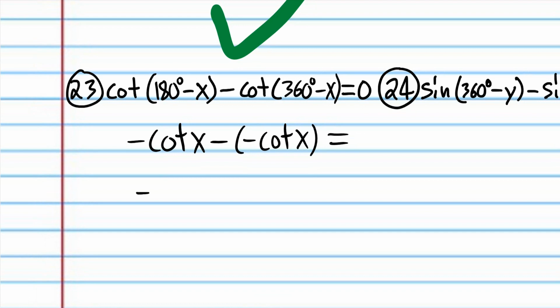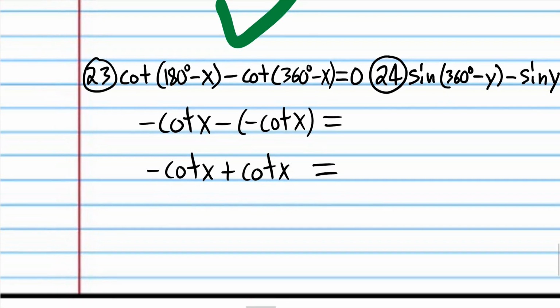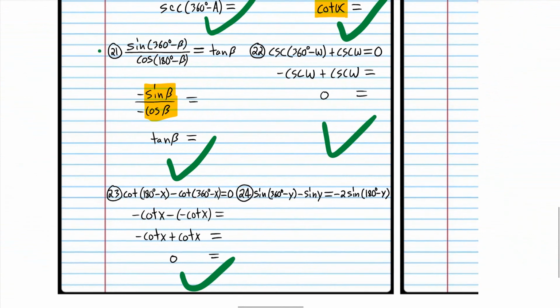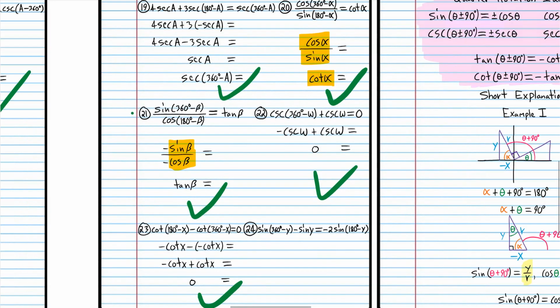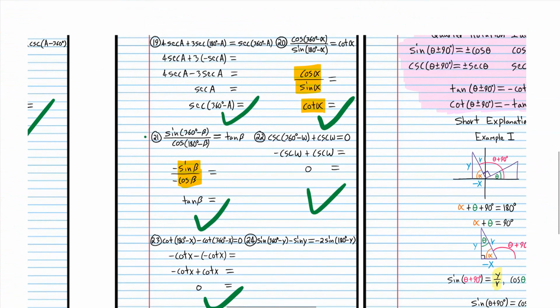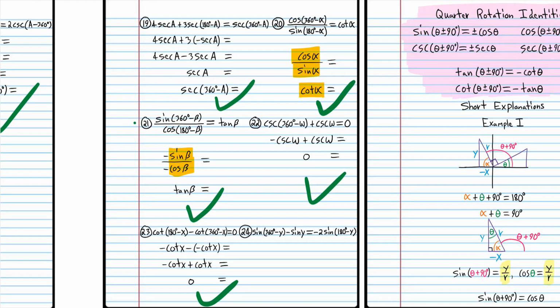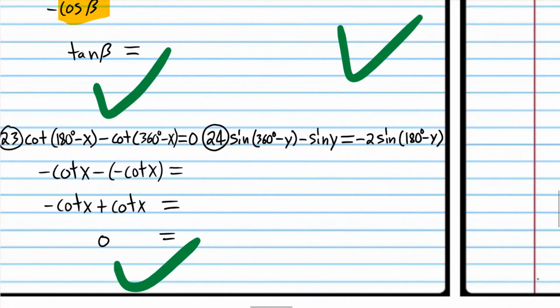And that's a double negative, so it becomes positive, and we get 0, which proves the equation. So if you got that one right, good job. Go ahead and try number 24, and when you come back, we'll do it together. Okay, we're back.